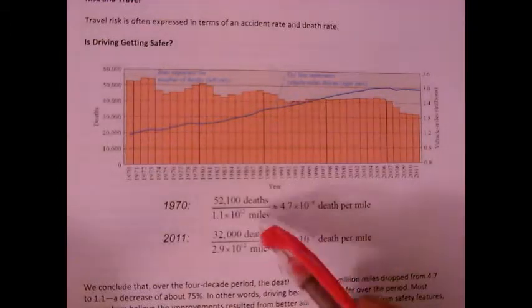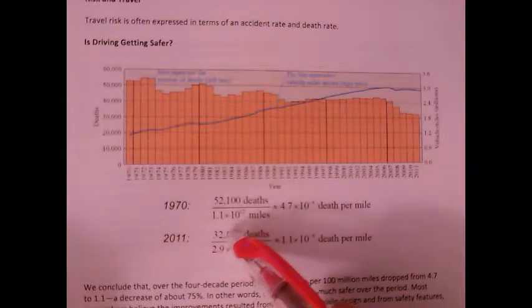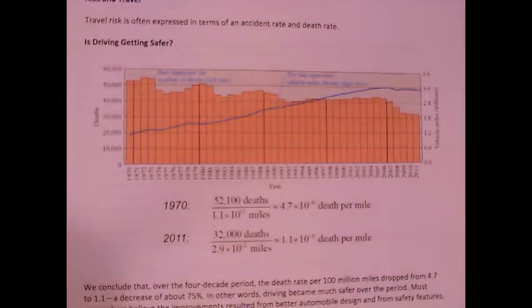So what they did was divide 52,100 by 1.1 times 10 to the 12th to get approximately 4.7 times 10 to the negative 8 deaths per mile.